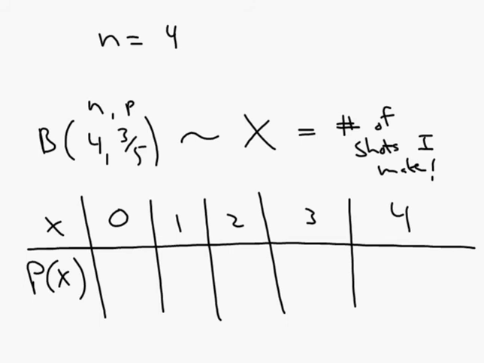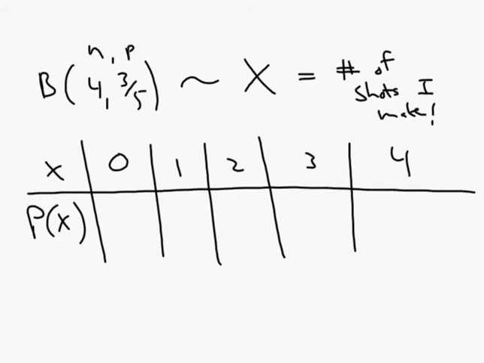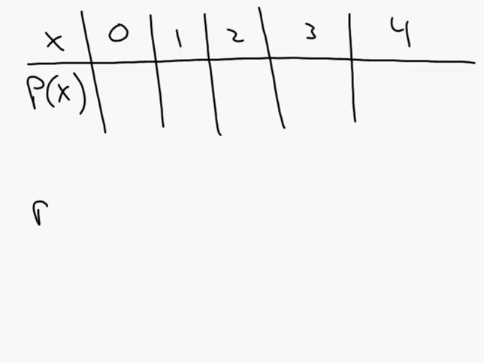All right, so let's try and calculate some of these probabilities. Let's consider the first case, the probability that X equals 0. If X equals 0, that means I have to miss every shot. So on the first shot, I have to miss, I'll say fail, and then I have to fail on the second shot, the third shot, and the fourth shot. I have to miss them all.